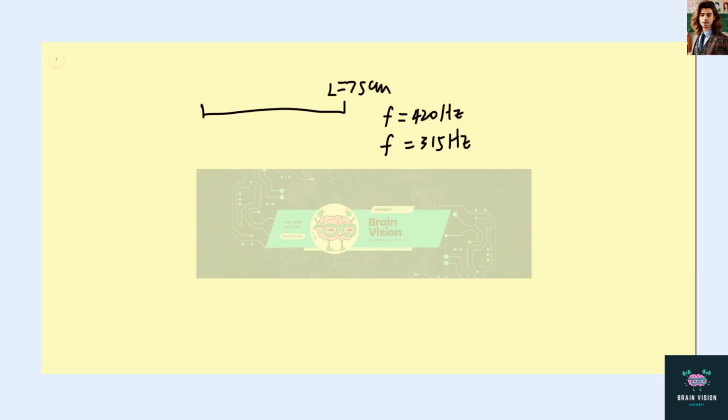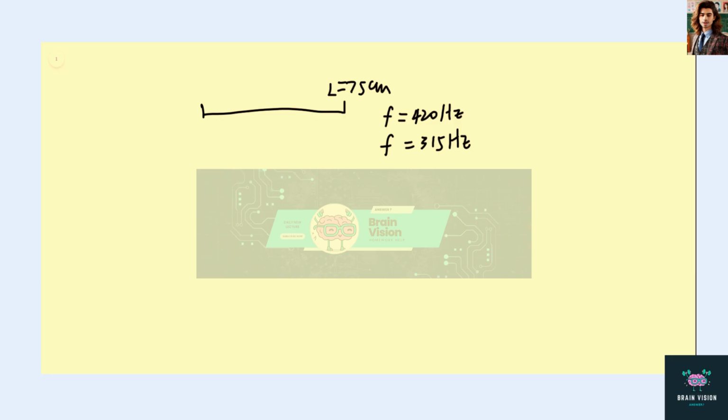So we need to understand exactly which resonance frequencies, which modes, they correspond to. We do it by finding the ratio of these two frequencies.